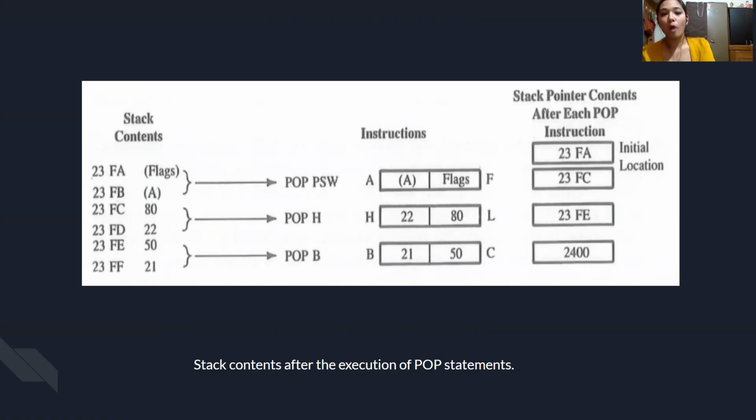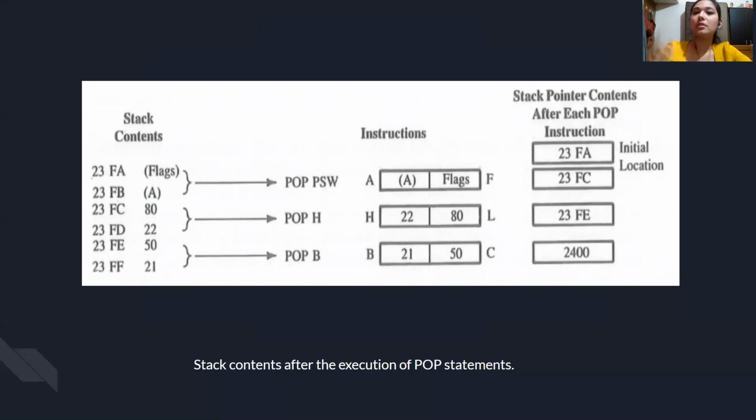When pop PSW is performed, the first data retrieved will be the least significant byte. In pop PSW, the data on the top is retrieved and pushed back to the flag register, then the accumulator.